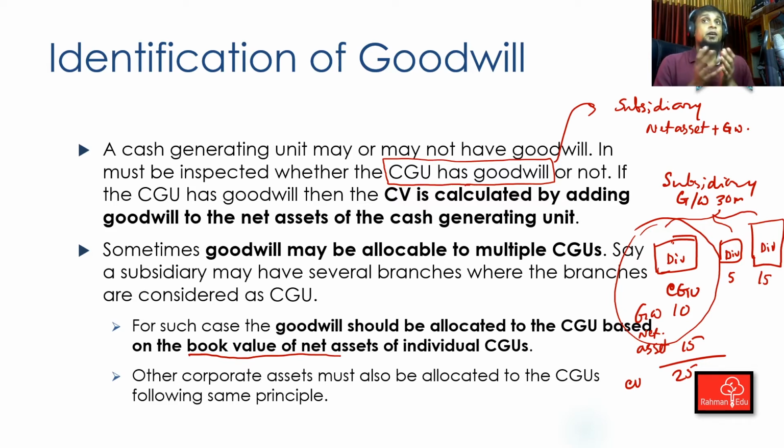The head office can have an ERP software, spending a lot of money, or another type of asset, like the head office building. Those assets should be allocated, channeled down to your 3 divisions. Then you get a carrying value of your division and compare it with the recoverable amount to check whether your division is impaired or not.